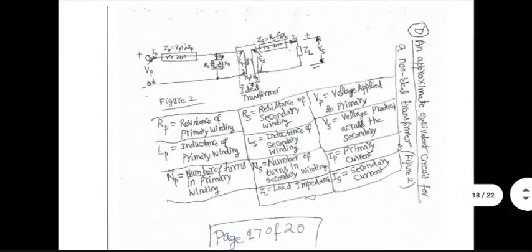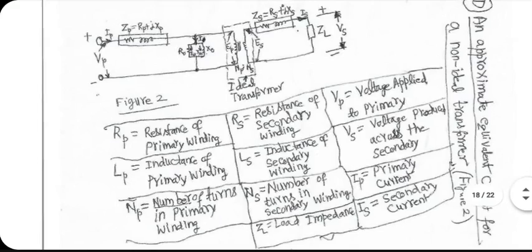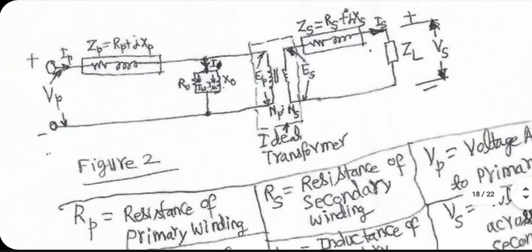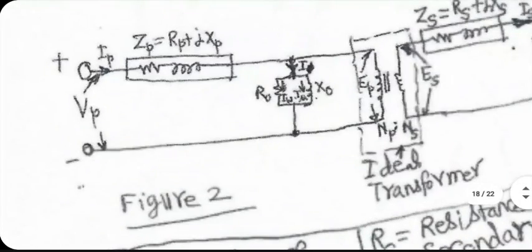Now, this is the equivalent circuit of a lossy transformer. You start with the input voltage applied to the two terminals coming out from the primary side, Vp, and some current Ip will go in.